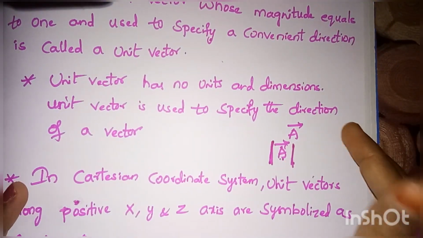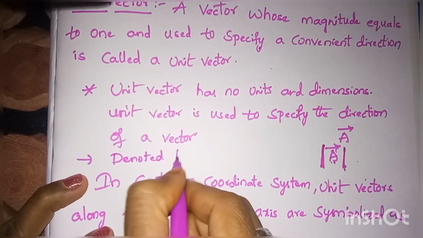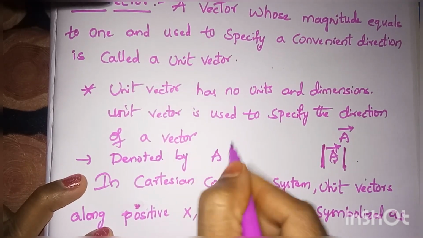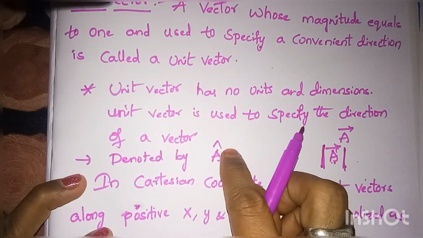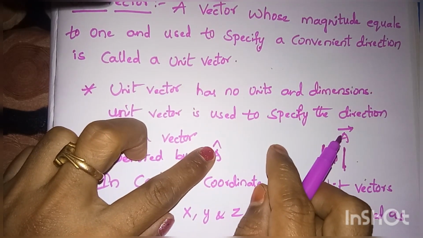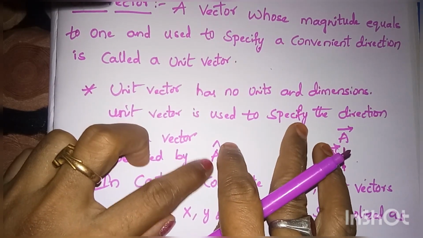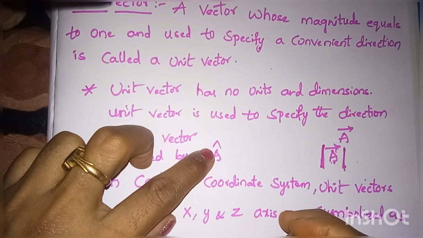And unit vectors are denoted by an alphabet with a cap. So this cap represents unit vectors. Any alphabet denoted with a cap on it is called a unit vector.